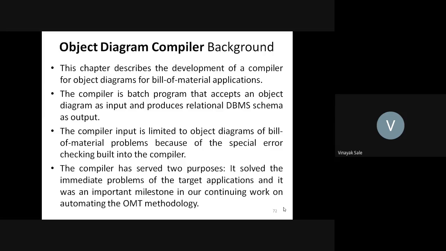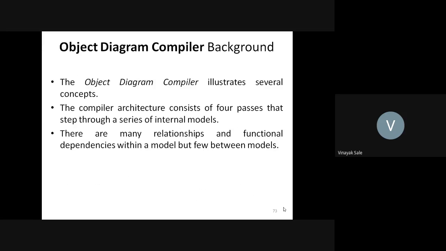The compiler has served two purposes. It solves the immediate problems of target applications, and it was an important milestone in our continuing work on automating the OMT methodology. So the object diagram compiler illustrates several concepts.